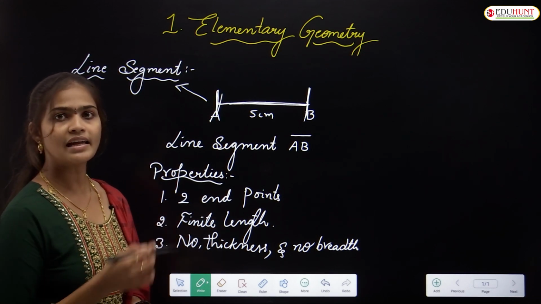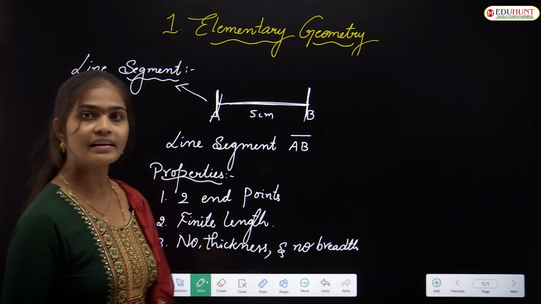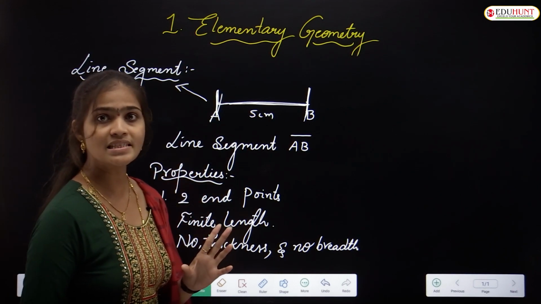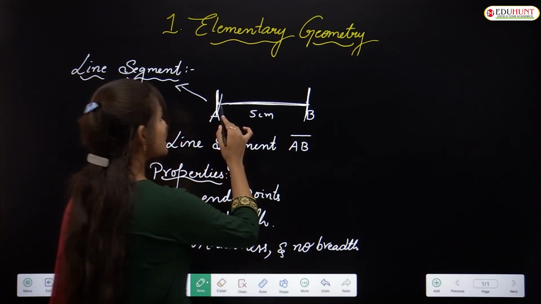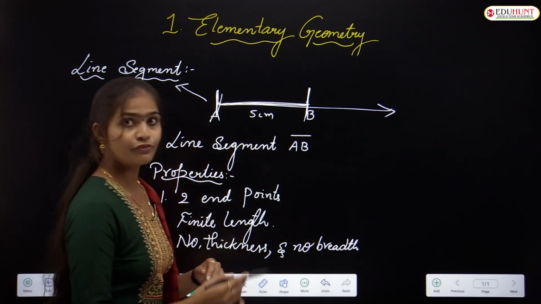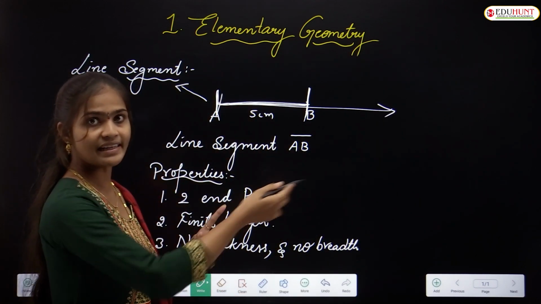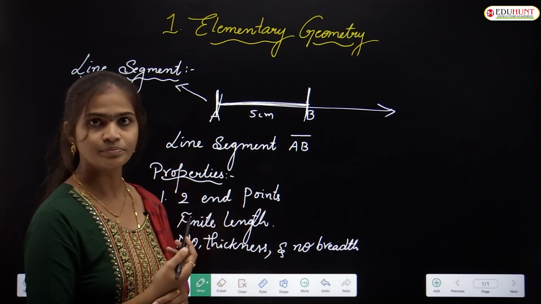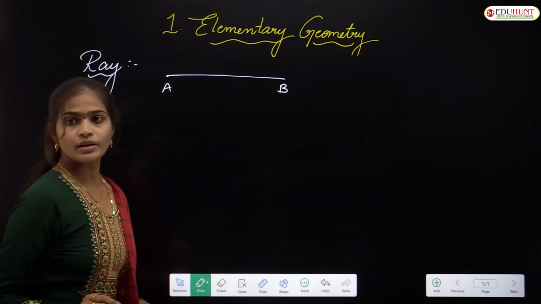Okay. After the line segment, we have the ray. Why? Because if you extend one of the sides of a line segment, then we get a ray. Let us see about the ray.